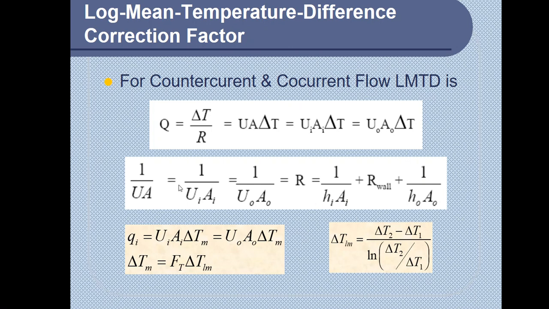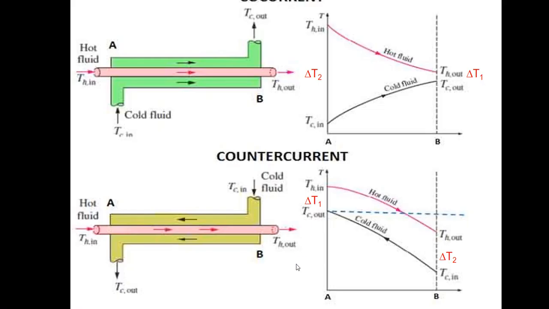Now, this is the generic formula that was introduced to you in the concept of heat transfer in momentum transfer. Now, we go to how we determine the FT. Before we go to determining the FT, we need to know the delta T1 and the delta T2 based on the arrangement of our shell and tube type of heat exchanger.